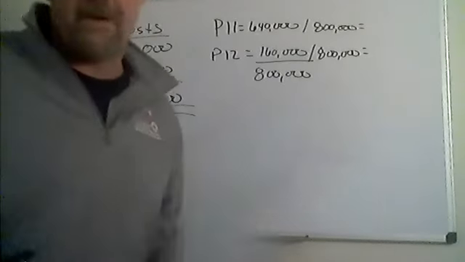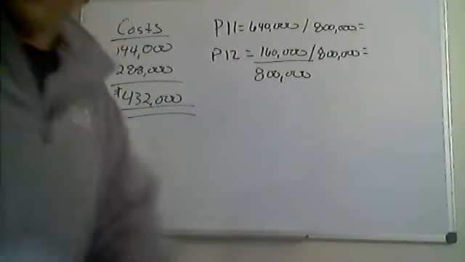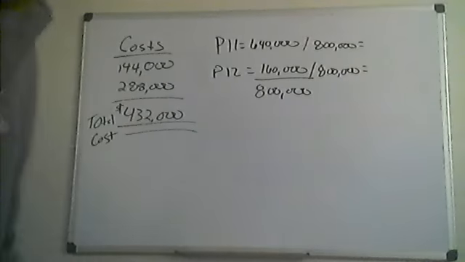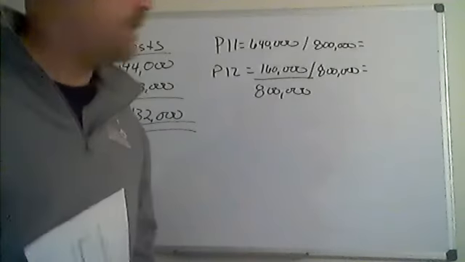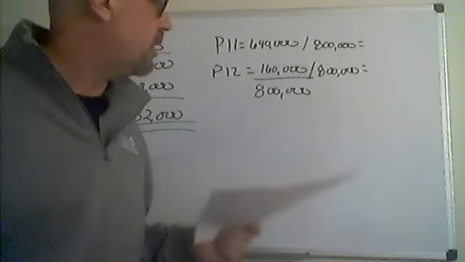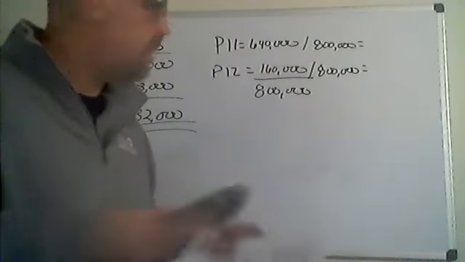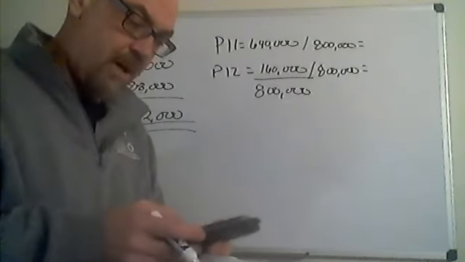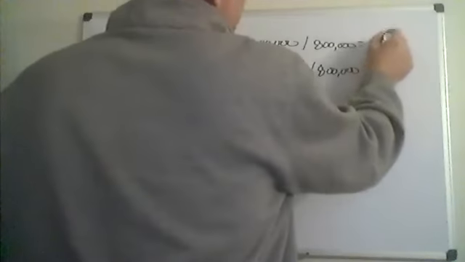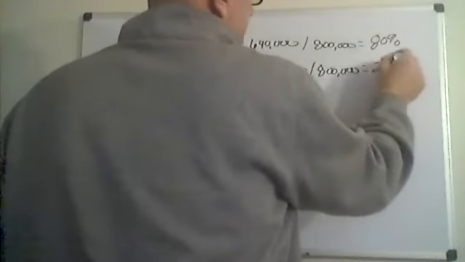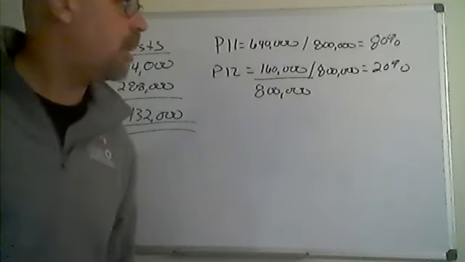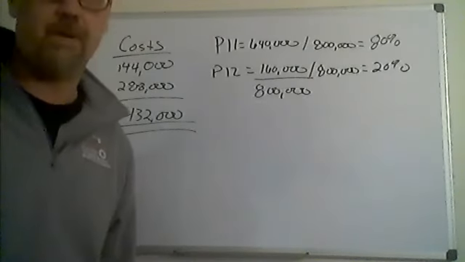So what you do here, since we have the sales values: the sales value of the P11 was 640,000, while the P12 was 160,000, for a total of 800,000. When you work it out, you find that 80% of the costs are going to go to the P11 and 20% of the costs are going to go to the P12.